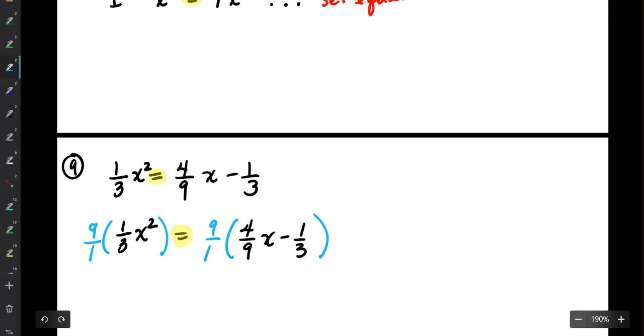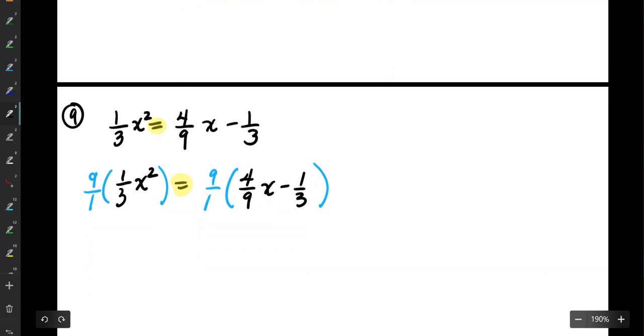All right, and that is a 3 right there. Multiplying fractions straight across, 9 times 1 is 9. DD, division by my denominator, 9 divided by 3 is 3. Doing a little bit of simplifying along the way.